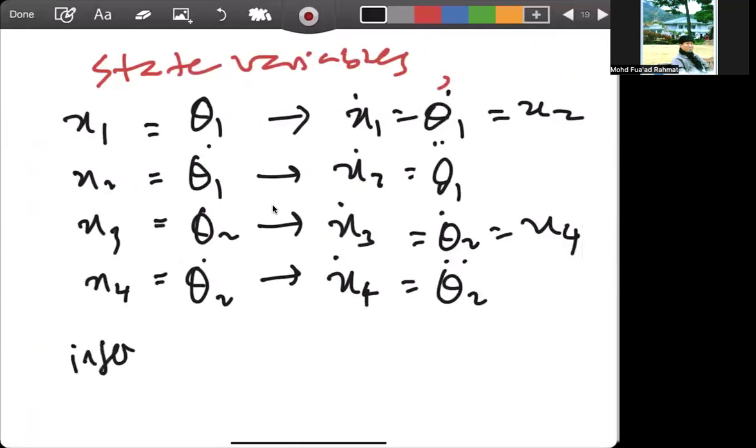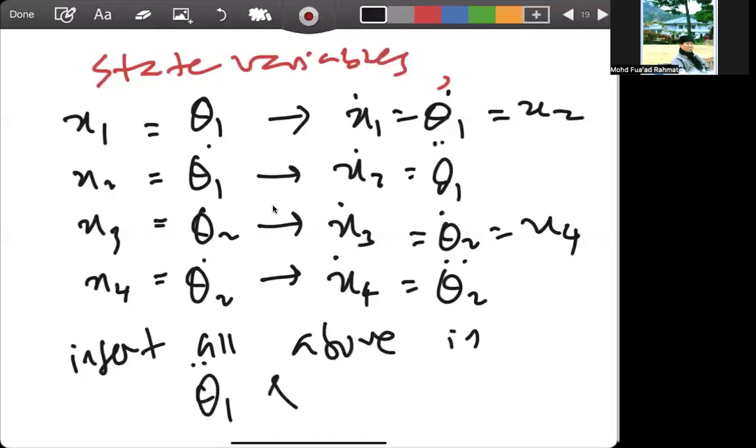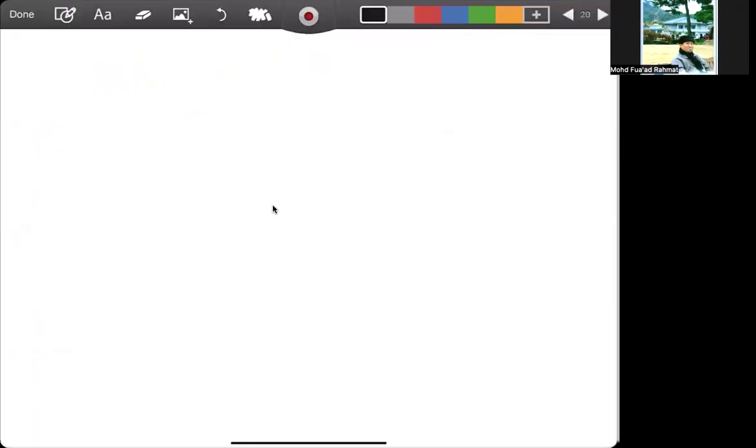Insert all the above in theta 1 double dot and theta 2 double dot. So what we will get is something like this.